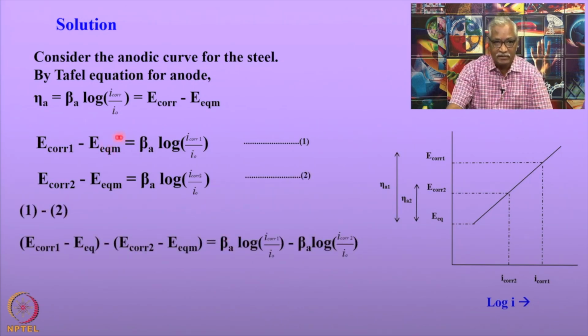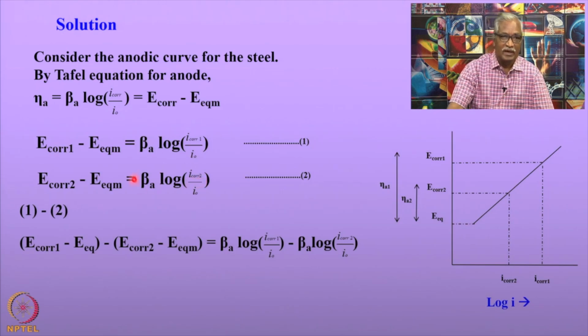We can solve this equation to find out the ratio between the ICAR in the unprotected condition and the ICAR in the cathodic protected condition by application of 300 millivolts.